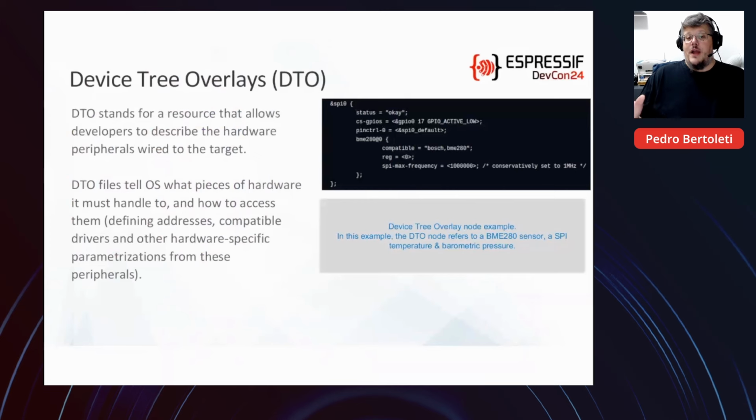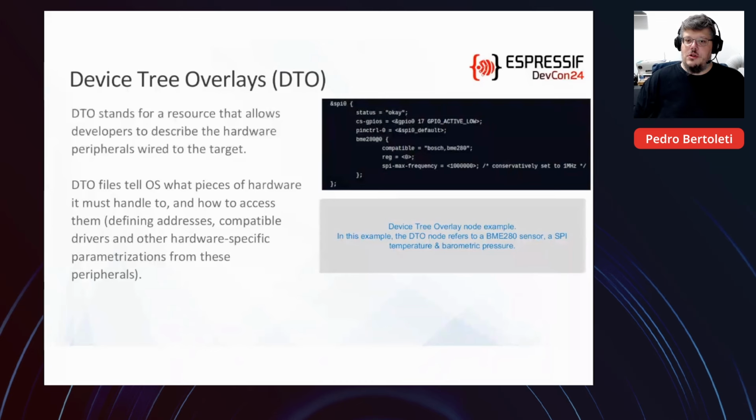Peripherals that aren't self-announcing, like USB, need to be described. The operating system kernel needs to be told which hardware is wired to which interfaces. So DTO does this job.